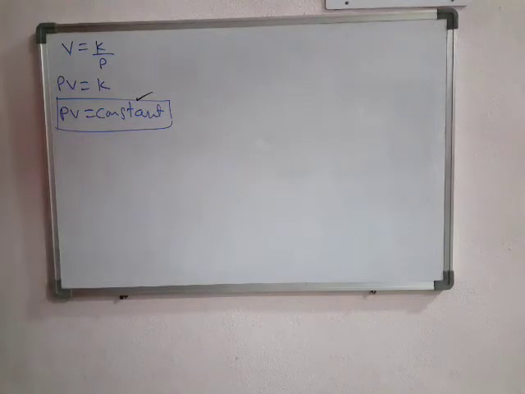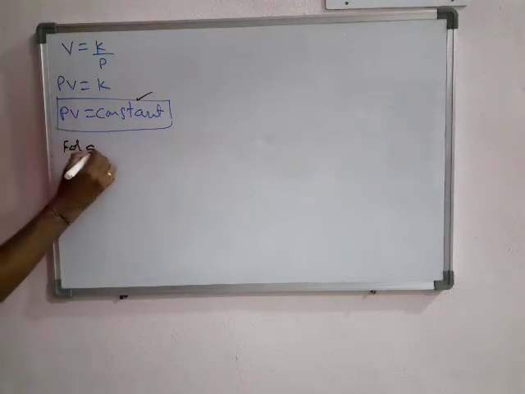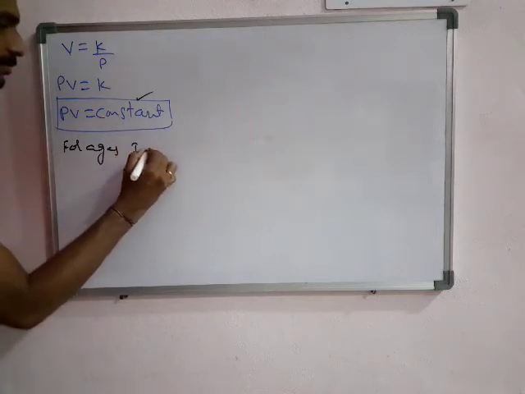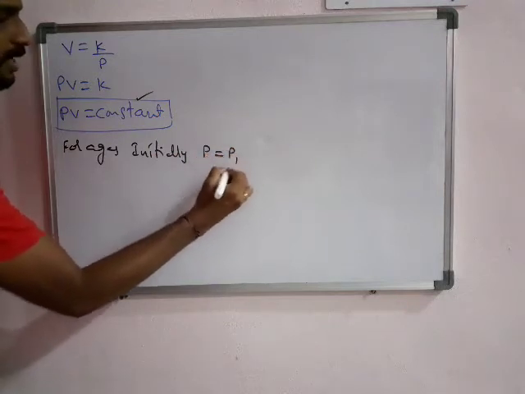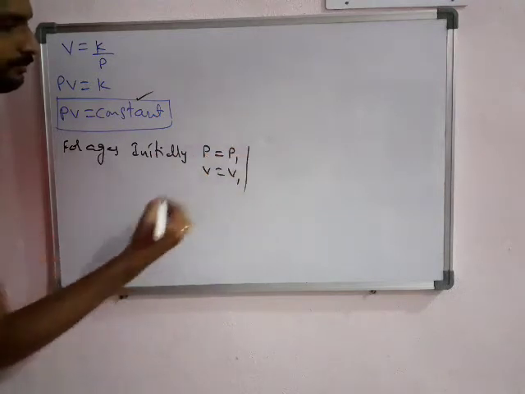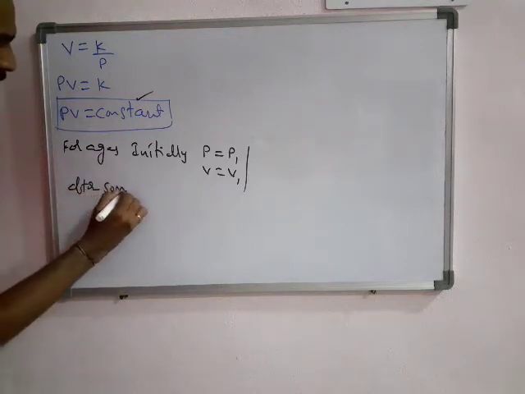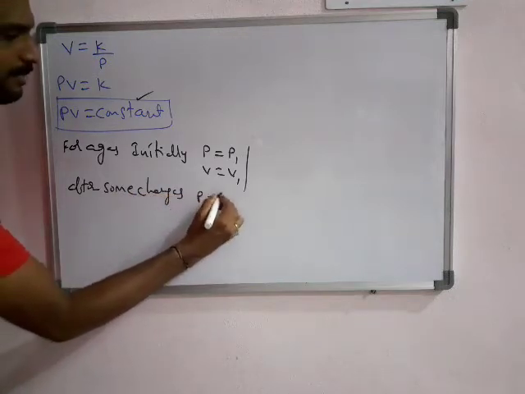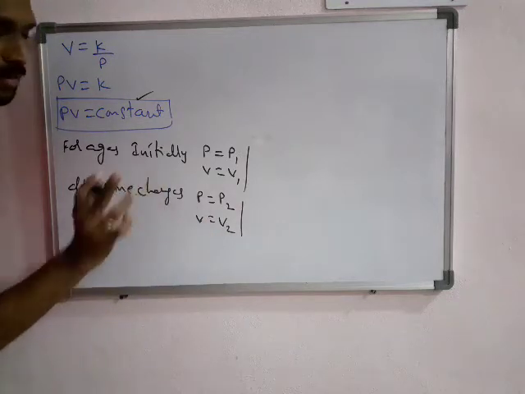So based on this equation, for a gas at initial conditions, initially the pressure is say P1 and volume is V1. Okay, after some changes, its pressure becomes P2 and its volume becomes V2. We are discussing only one gas.